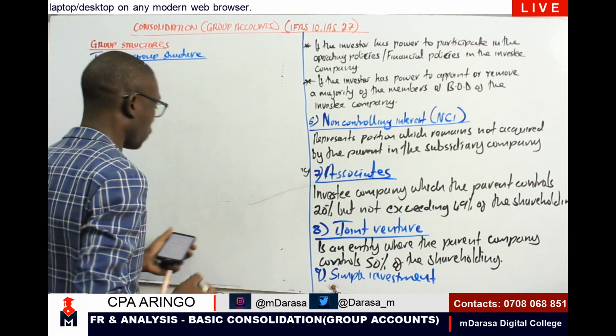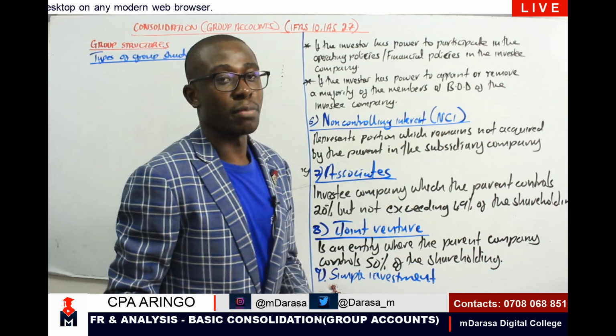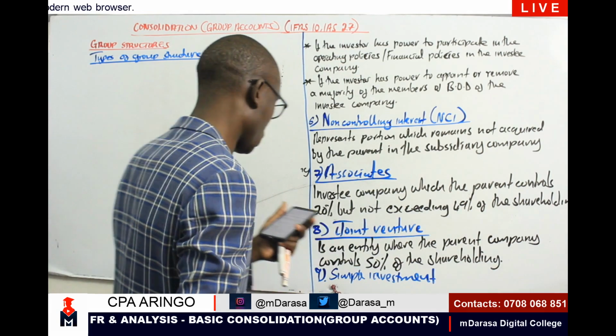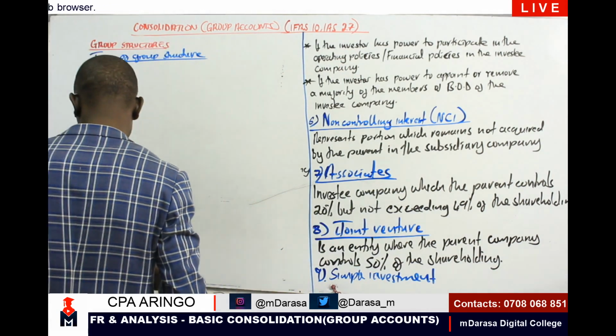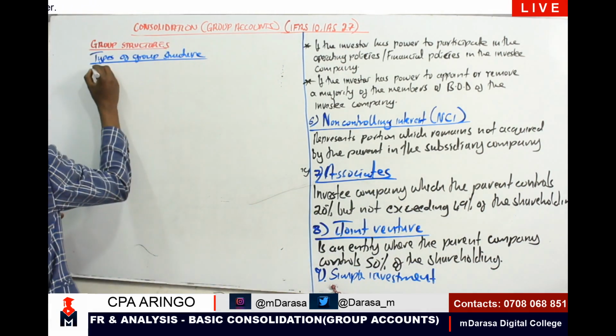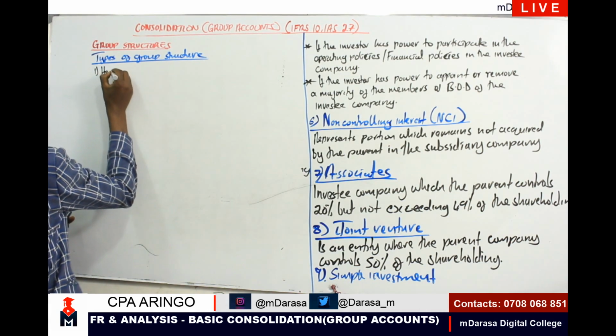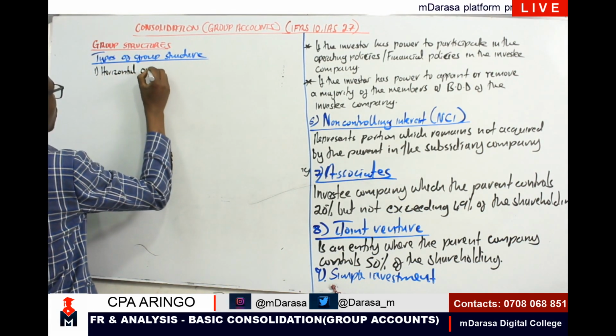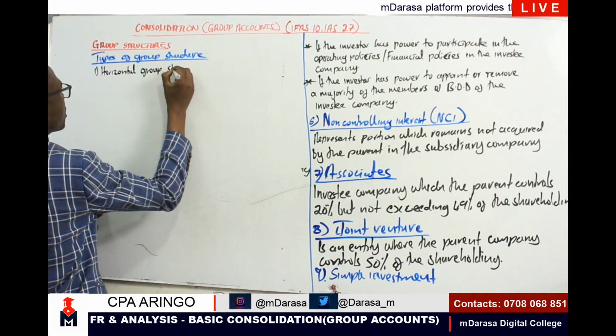These will include the following. Number one, that must always stick at the back of our mind, is what is known as the horizontal group structure.